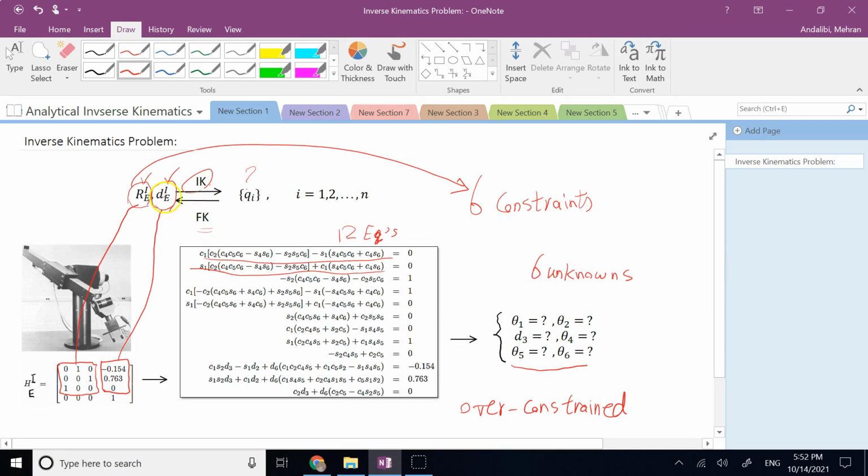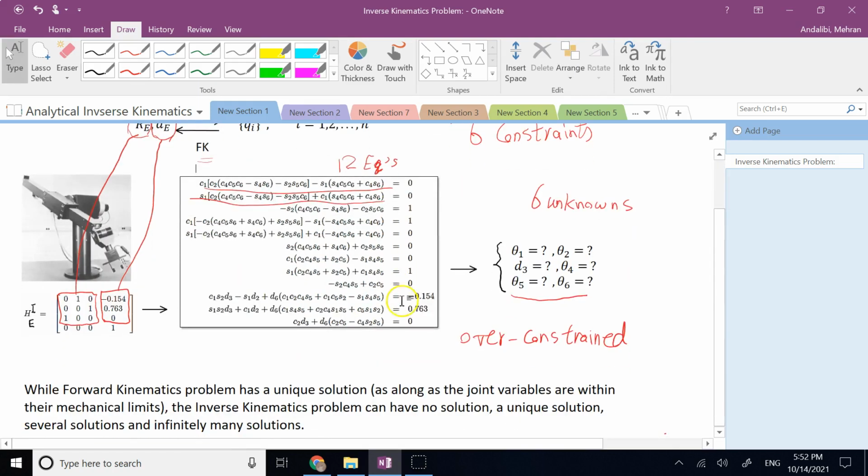On the other hand, if I give you the inverse problem, and I ask for joint variables, we can see there are different scenarios. There are scenarios where there is no solution at all for the q's. There are scenarios where there is a unique solution. There are scenarios where there are several solutions. And there are scenarios where there are infinitely many solutions, okay?